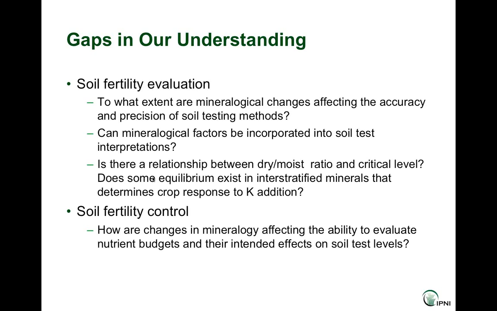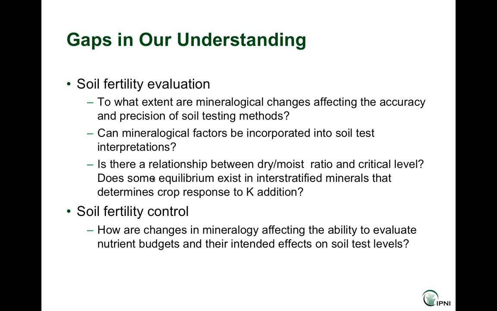As we showed earlier, the recommendations that we use in the U.S. do not really consider mineralogy much at all, only really with cation exchange capacity. And is there some relationship here between our dry to moist ratio and the critical level, the level that we would interpret those soils to have an adequate supply?